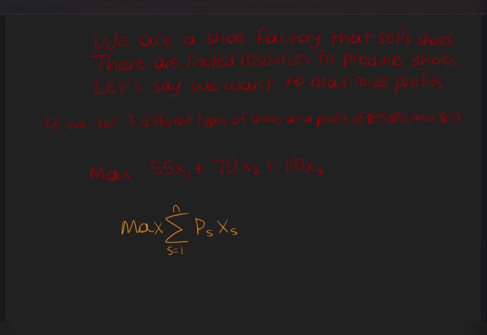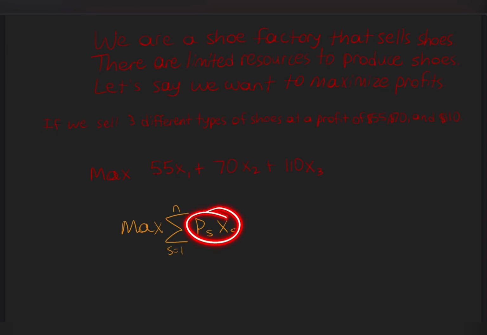So what does this mean? All right, so first we have the number of each shoe that we sell. The x's would be like x1, x2, x3, the first shoe, the second shoe, and the third type of shoe. And the p's are the profit for each of the shoes. So p1 would be the profit for shoe 1, p2 would be the profit for shoe 2, and p3 would be the profit for shoe 3.